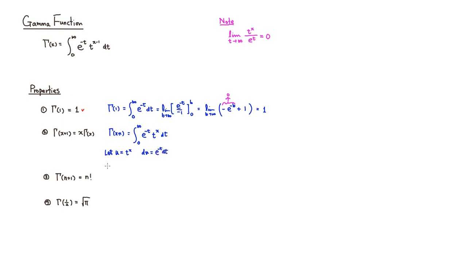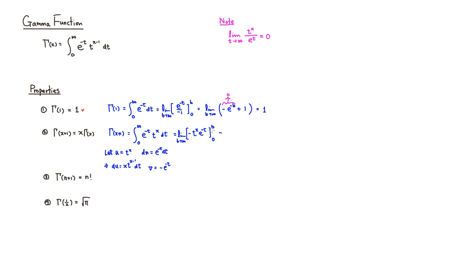Then du is x times t to the x minus 1 dt, and v is negative e to the negative t. Doing the integration by parts, uv is negative t to the x times e to the negative t, going from 0 to b, with the limit as b approaches infinity.